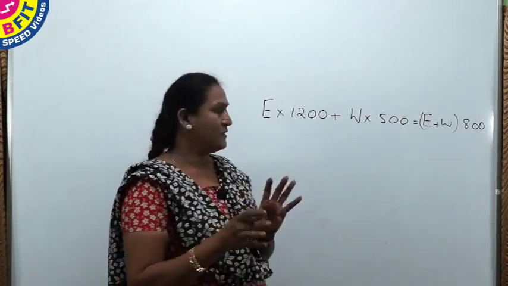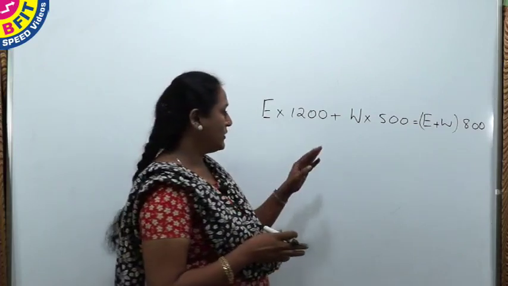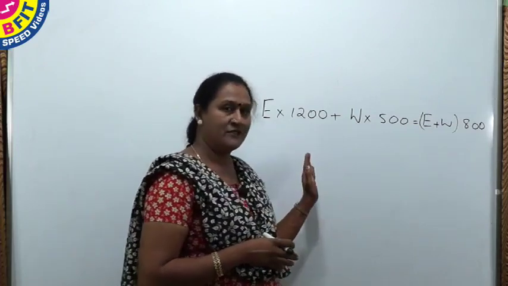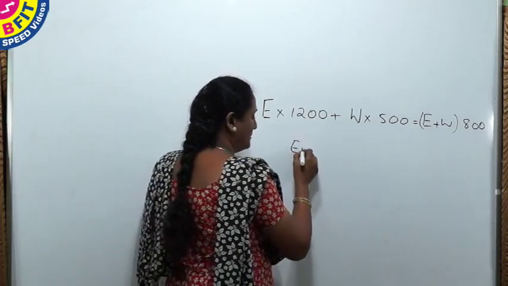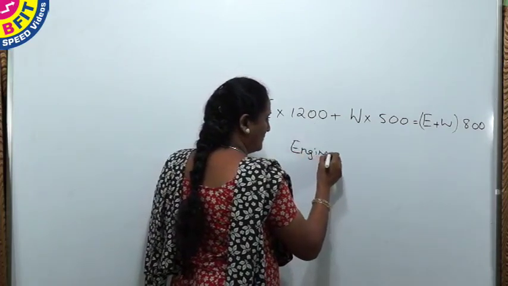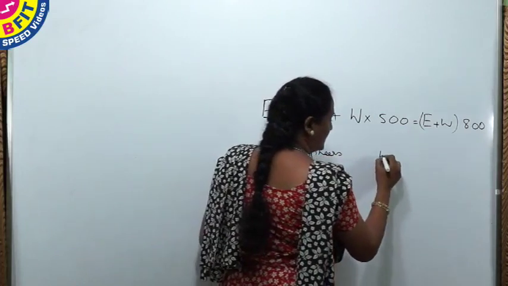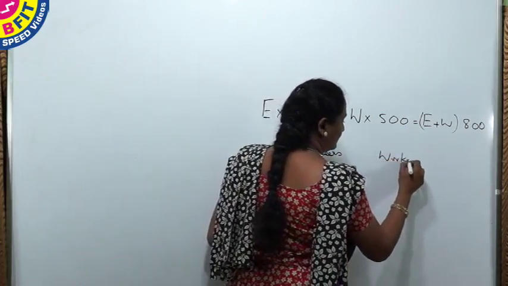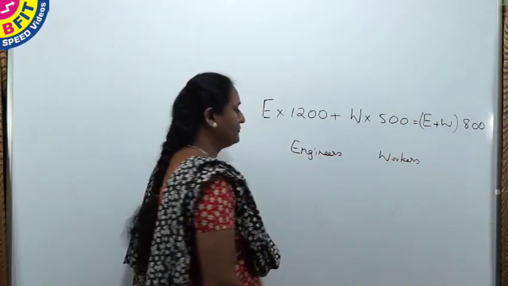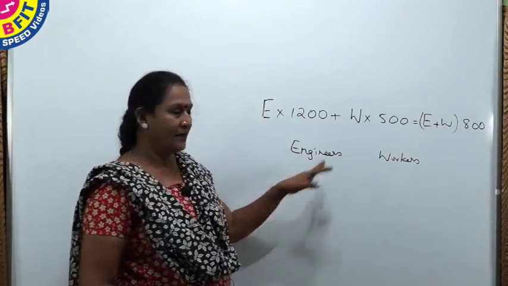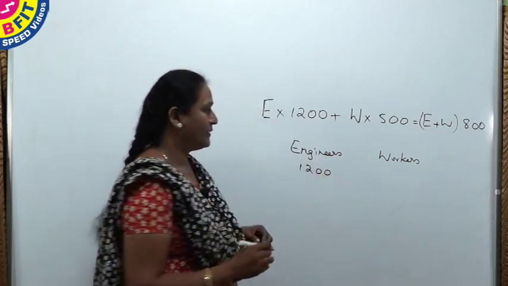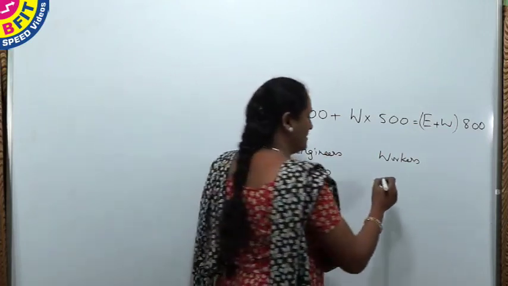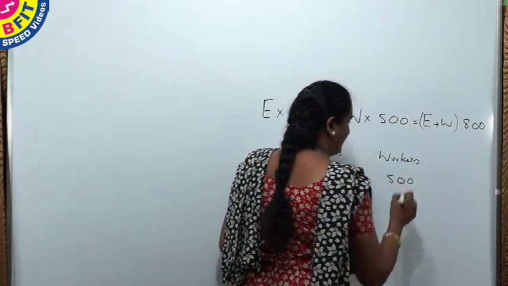While applying this alligation process, you can write either engineers first or workers first. We'll write engineers here and the workers. Under them we'll write their average salary, 1200, and the average salary of workers is 500.